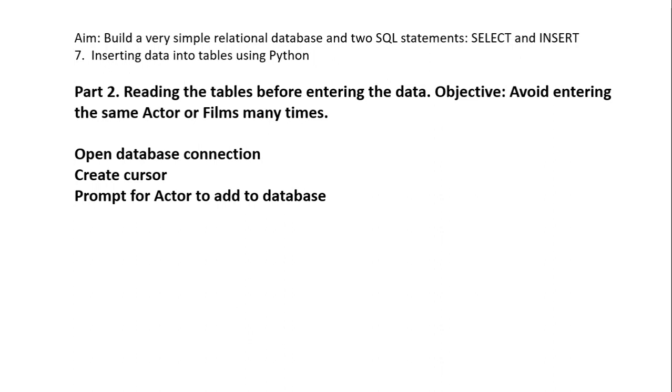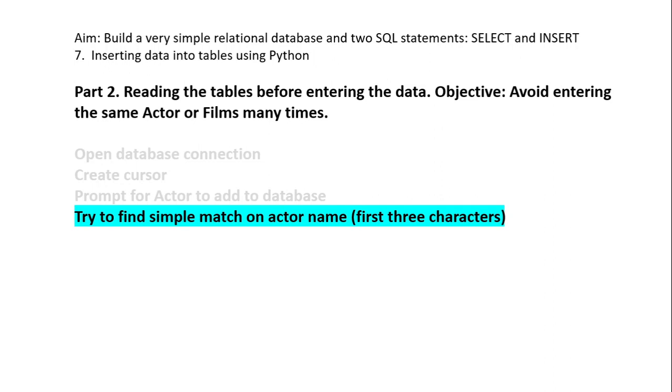In this example, I'm going to open a database connection, create a cursor, and then prompt for the actor to add to the database. All of that is the same as the example in part 1. What's new is I'll try and find a simple match on the actor name by using the first 3 characters of the actor we're trying to add to the database.